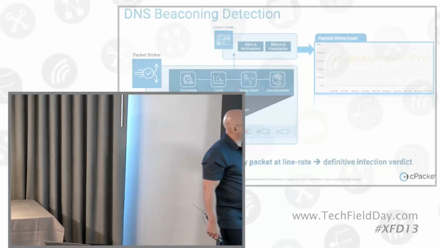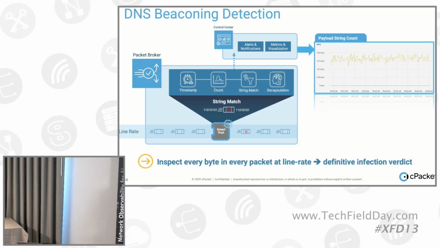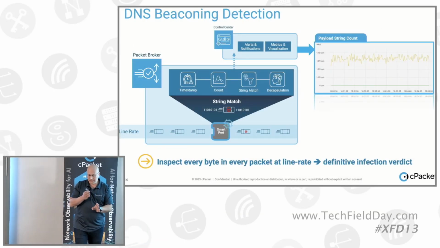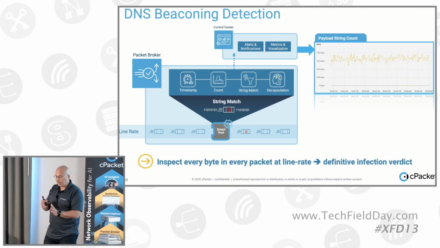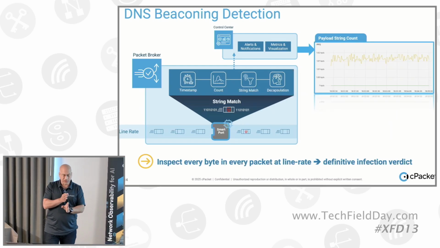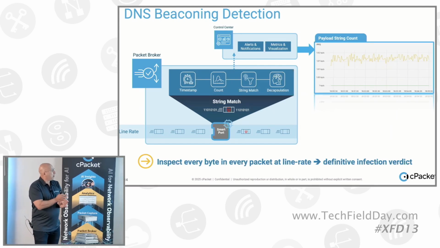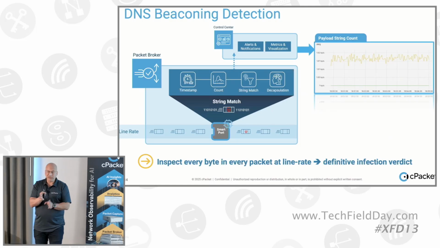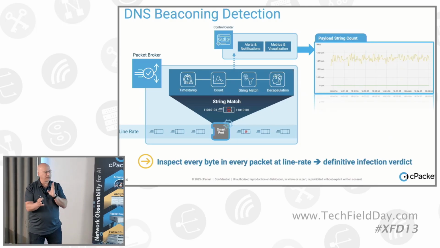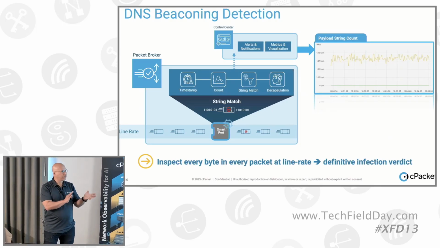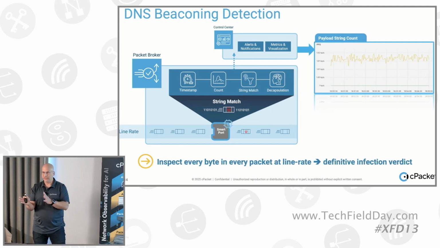The way the smart port is built is really around multiple functions. They're all implemented over FPGA and/or ASIC, which allows us to keep line rate and inspect every single packet. The first thing it includes is timestamping, which is relevant in security if you want to reconstruct an event across multiple data centers.